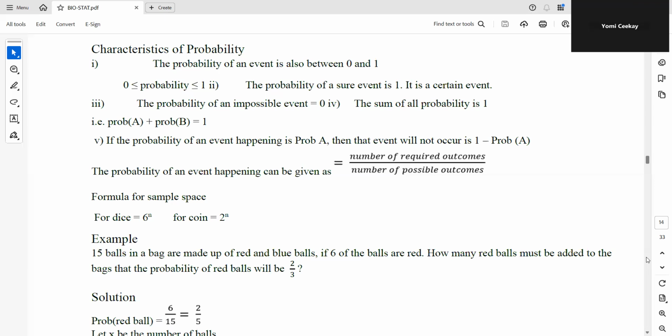The second characteristic is that the probability of a sure event is 1. What do I mean by that? What is today? Today is Tuesday. What is the probability that tomorrow is Wednesday? Definitely tomorrow is Wednesday. So the probability is 1.